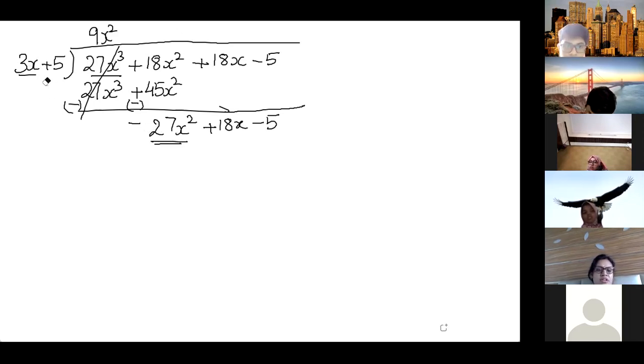What is the second term of the quotient? 27 minus 27, so minus will definitely come here. 3 9s are 27 and x, only x, because one x cancels with one x. So now minus 9x into 3x is minus 27x square. Minus 9x into 5 is minus 45x.